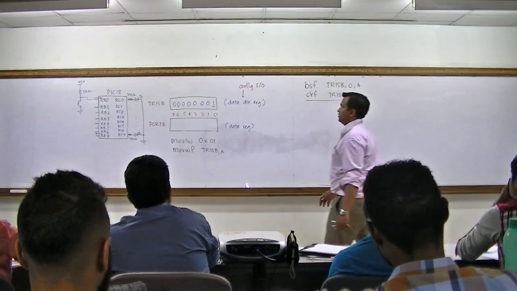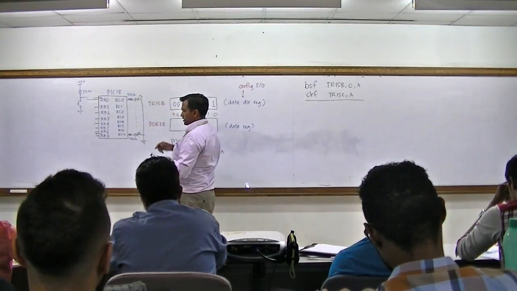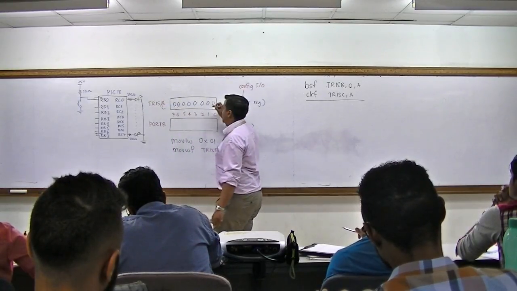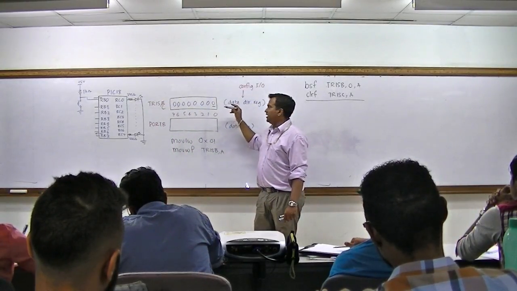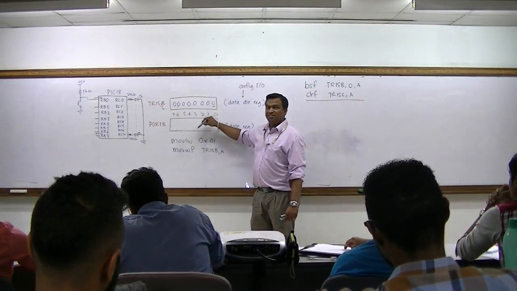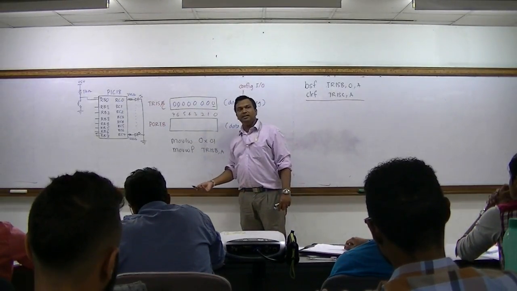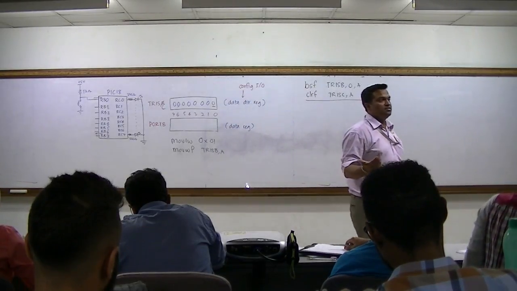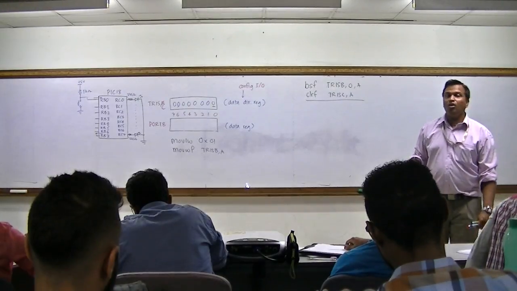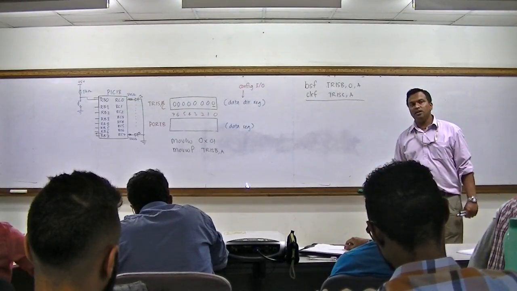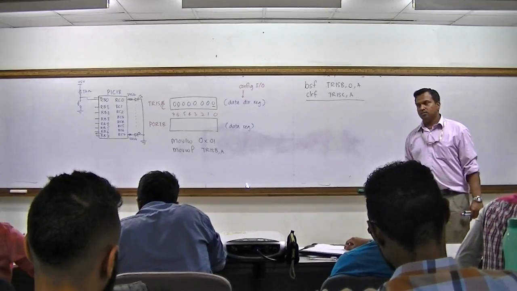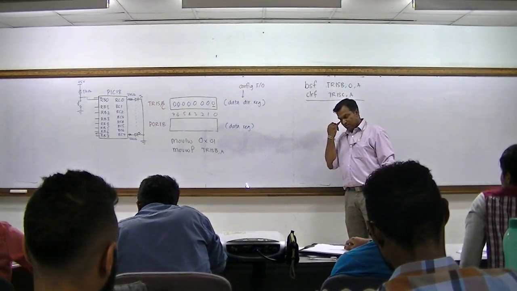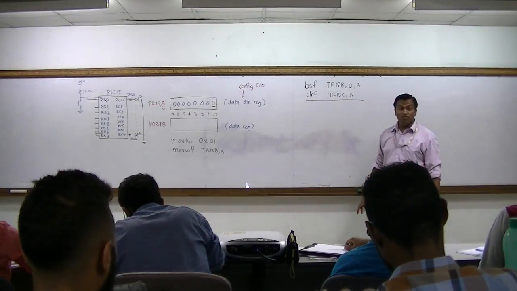If you substitute this with C and write all 0, it means that every single pin in port C is configured as output. That doesn't mean that port C is 0. It just means that all the pins in port C are output. That's all it means. Is it okay? Can I move to the next one?